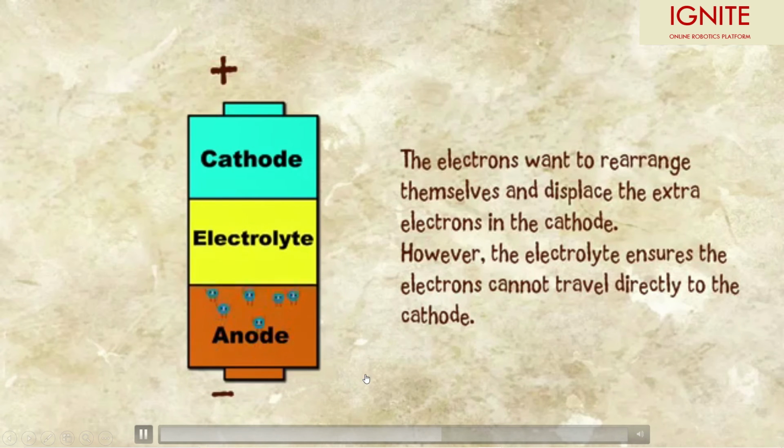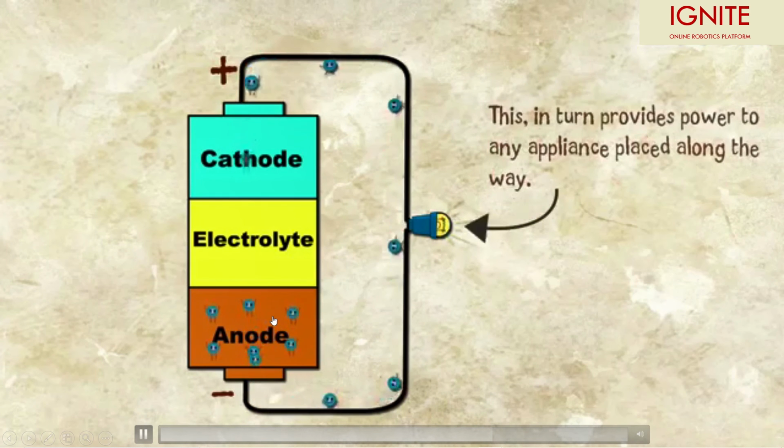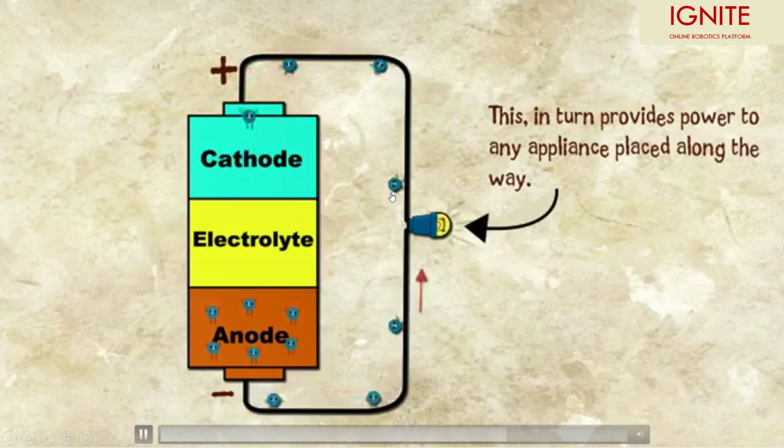When you connect a wire through a bulb or remote, the electrons get a path to move from anode to cathode to balance the electrons. The main motive of the electrons is not to glow the bulb. The main motive of the electrons is to move from anode to cathode to balance.